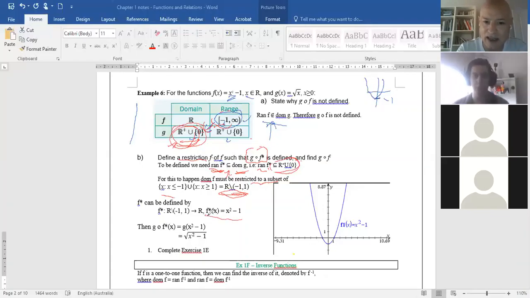There's our F star. With that restriction in place, because they ask us also to find GoF, so now we're doing GoF star, and we're still doing the same thing. We're just going to substitute it in. So we end up substituting that in, and we get the square root of x squared minus 1. Okay, any questions there?